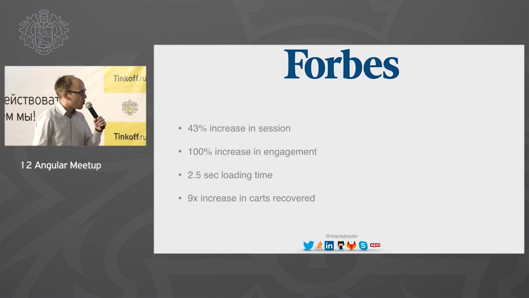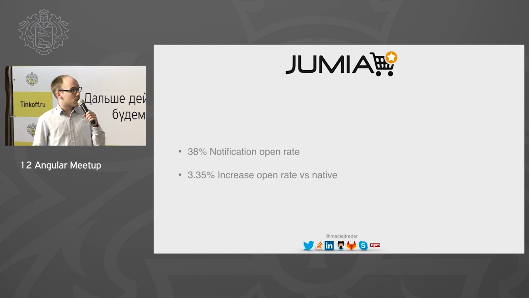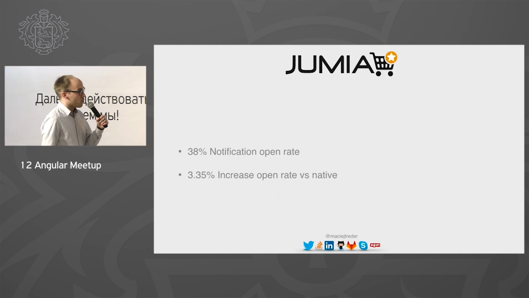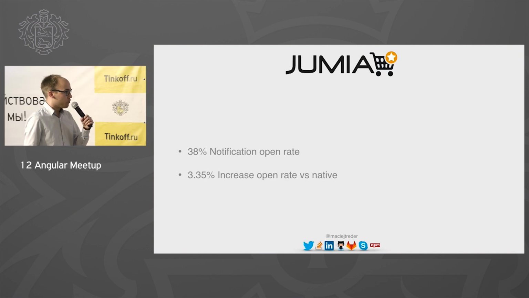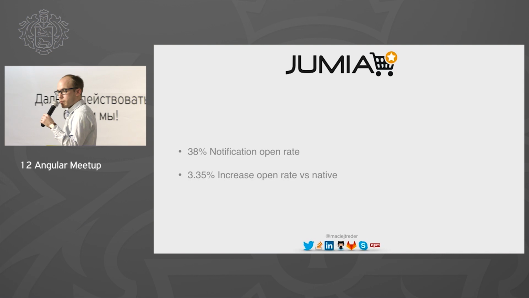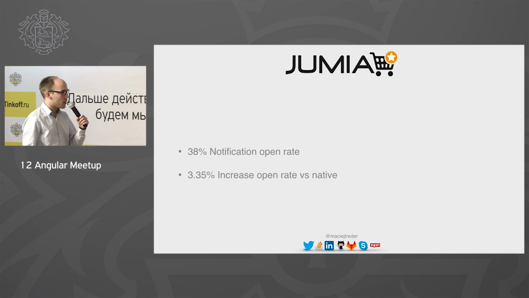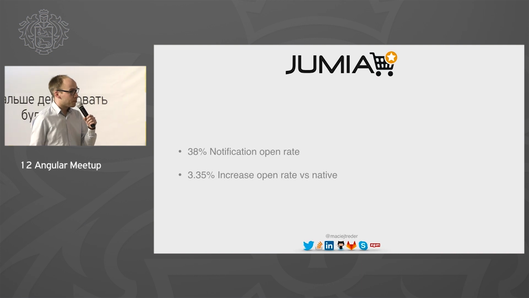The biggest increase which they found was in the loading time. And last but not least, Jumia, with the notification open rate. This is something I will speak about a little bit later, push notifications in PWA. This is also a really nice feature.